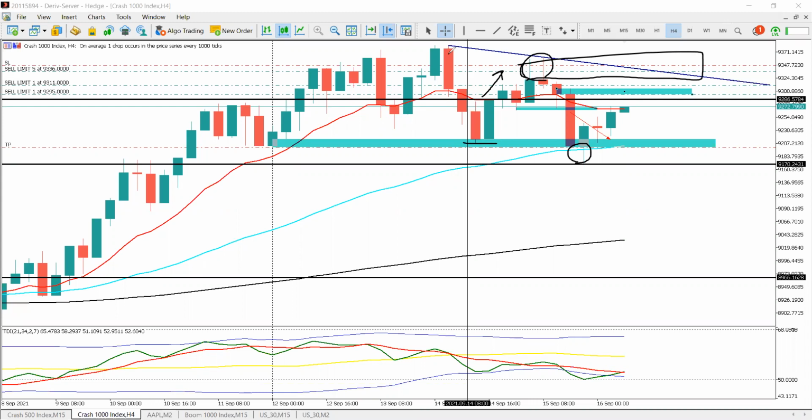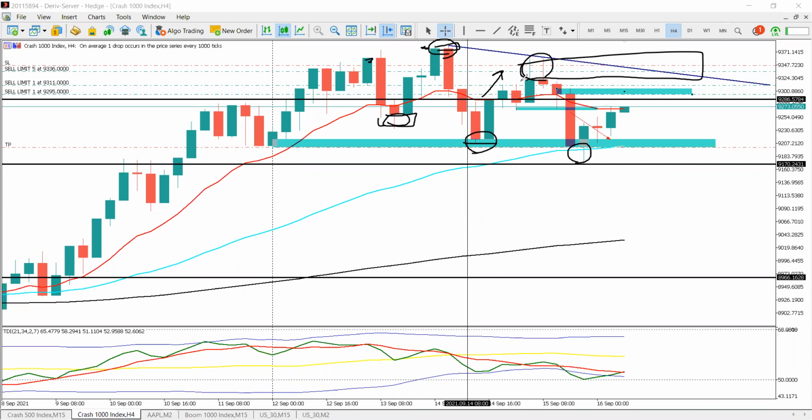If price comes from a certain zone and leaves a lower low, which is lower than this one, that makes this top level here, that tiny level, also a zone. If price takes off from this low and sets a higher high, which is higher than this one, that makes this a zone. So you can draw as many zones as you can, but just make sure you can see your price action clearly.